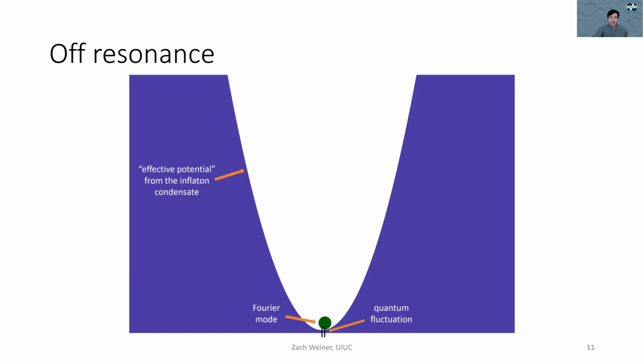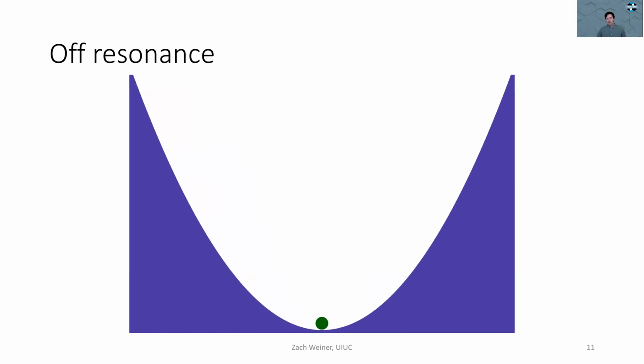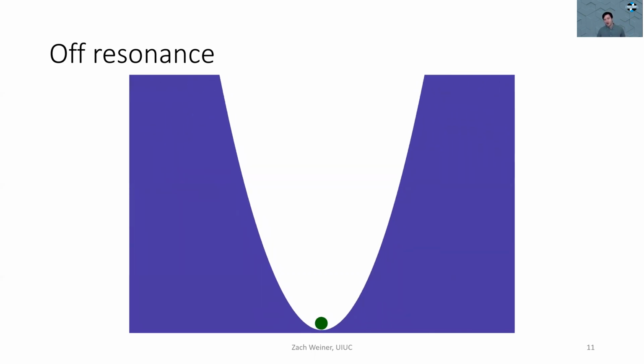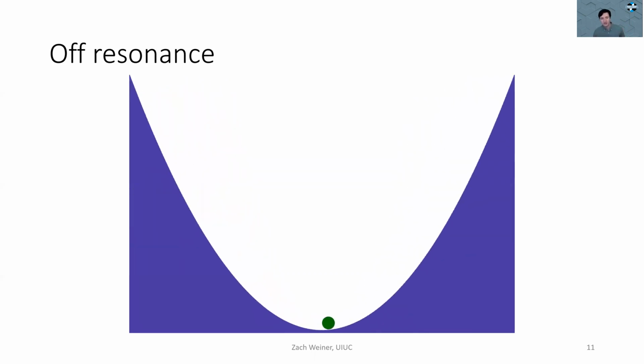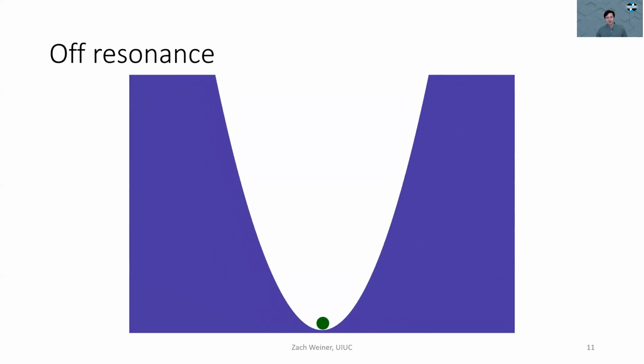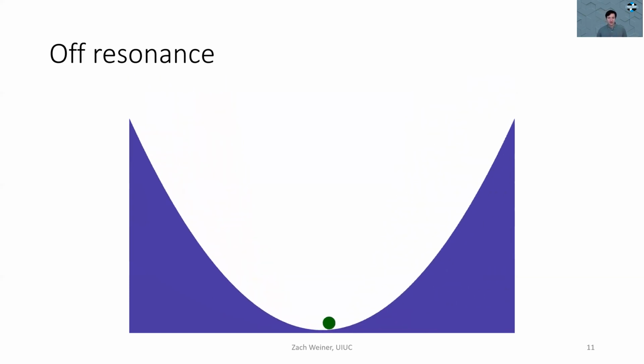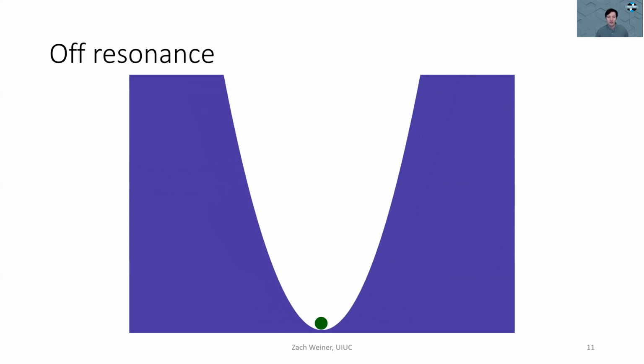And so if the characteristic oscillation of a particular Fourier mode is not timed correctly relative to the oscillation of the background with time, then the mode is just going to sit there. It's not going to grow in amplitude.